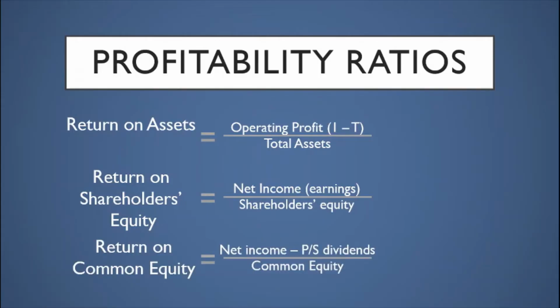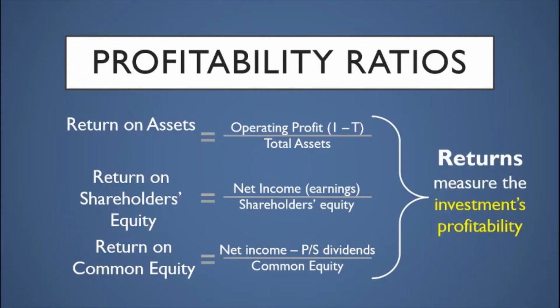Return on common equity. This is equal to net income minus preferred share dividends divided by the common equity. Collectively, this set of ratios are called returns or return on investment. They measure the investment's profitability.